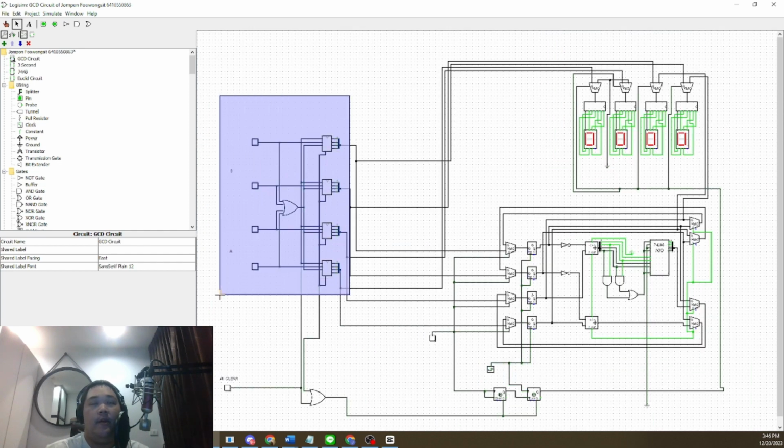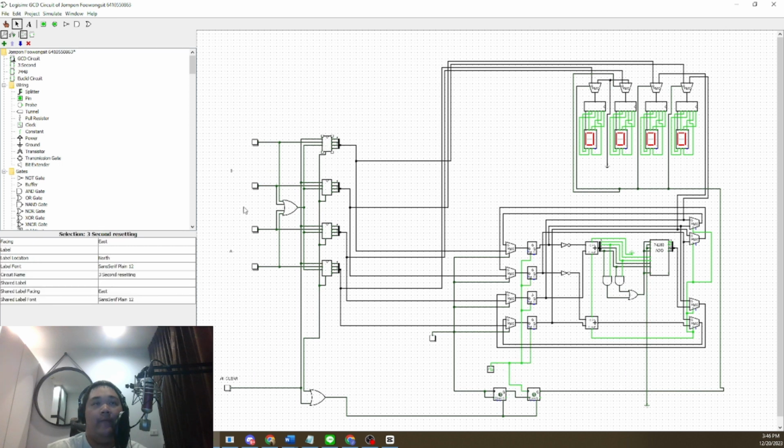And back to the main, we combine 3 circuits into one. Here is a button where we input the numbers a, b, and we have the 3-second resetting to operate so that when we hold down the button, the whole circuit will reset.